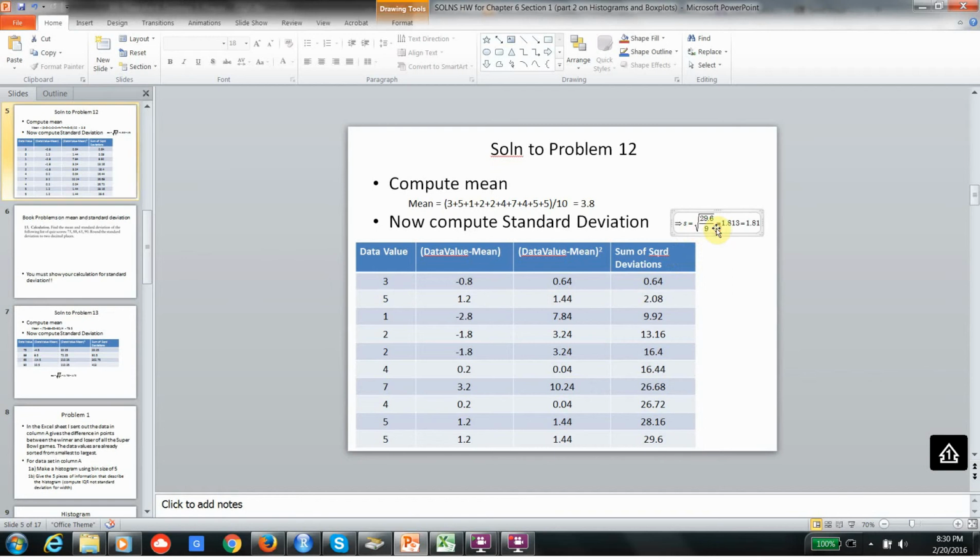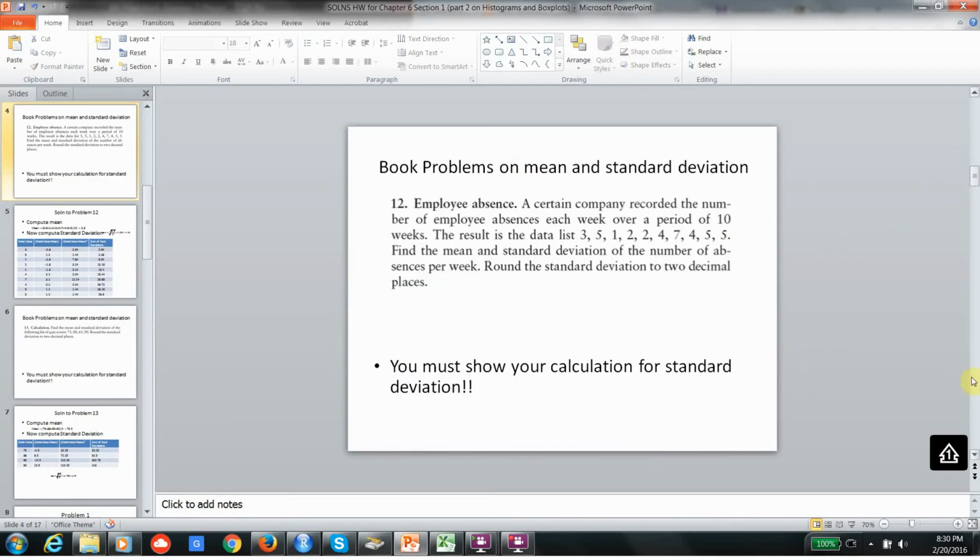Now I'm ready to compute the standard deviation, because I know the standard deviation is the sum of the squared deviations, the total, 29.6, divided by the number of data values minus 1, so I have 9 down here. Take that square root, I get 1.813, which I round to 1.81. I believe it asks us to round it to 2 decimal places.